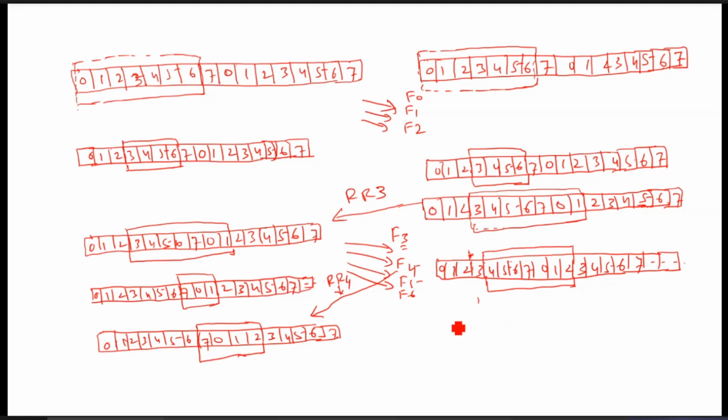And see here what will be the conditions at the receiver. Say this is station A, this is station B. After receiving these frames, its window also will shrink. 0, 1, 2, 3, 4, 5, 6, 7.